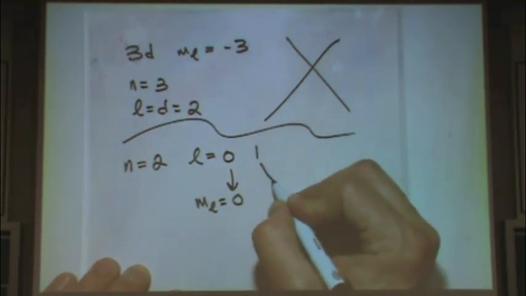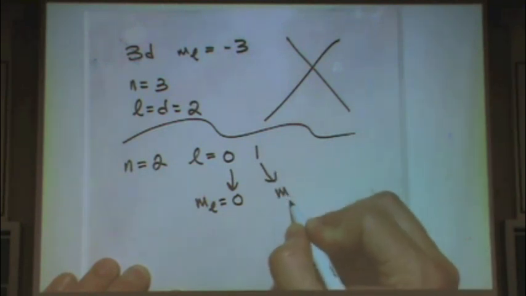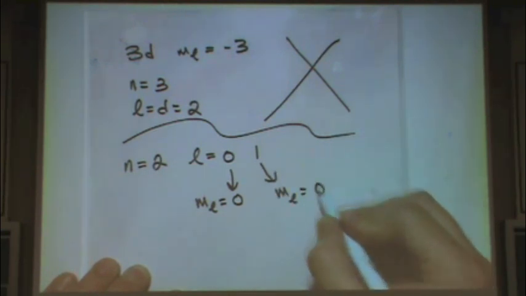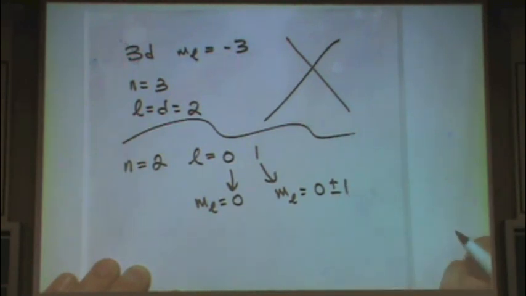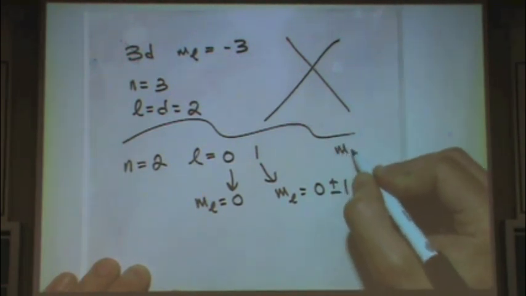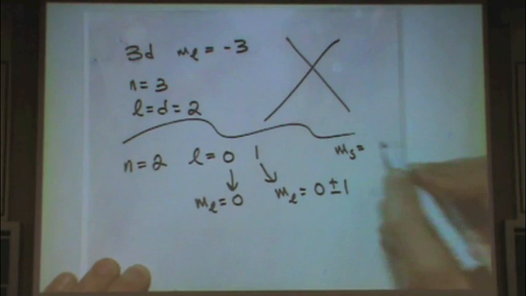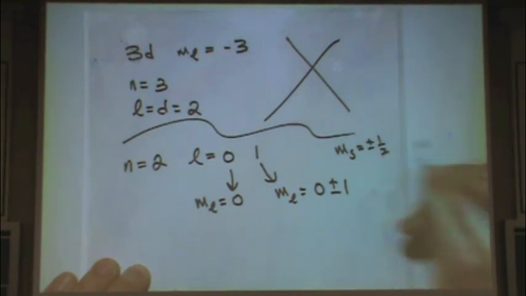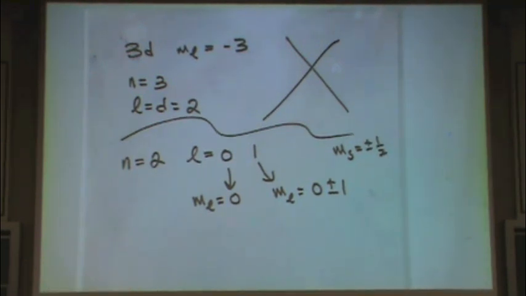If L is 1, m sub L would be 0, plus 1, or minus 1. What would m sub S be? Just plus or minus 1/2.